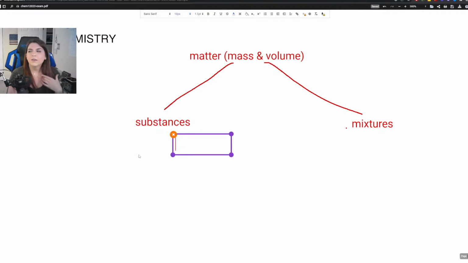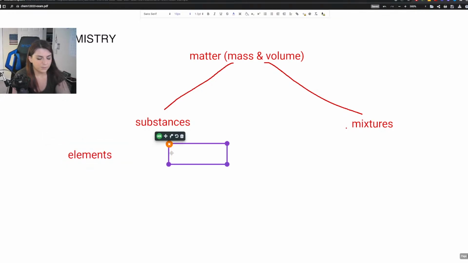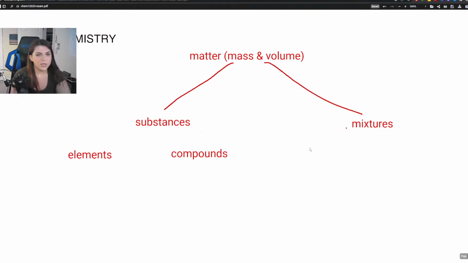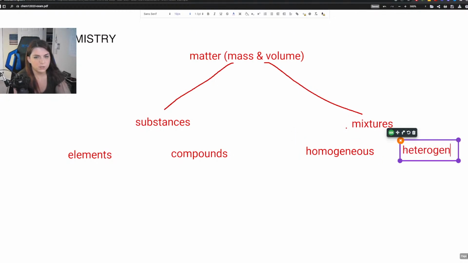Okay, they're the good stuff. Those are going to break into elements and compounds. And then we have mixtures, which are going to break into homogeneous, or homogeneous, some people pronounce it. And then we also have heterogeneous.